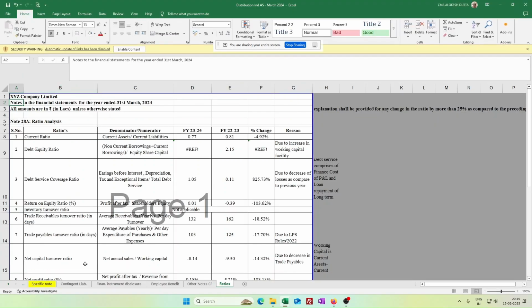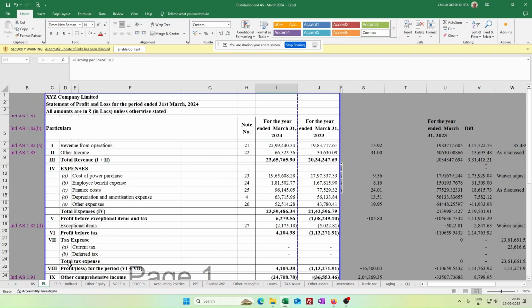This is the company's profit and loss account. You see, this is the revenue from operation, 22,99,440.34.